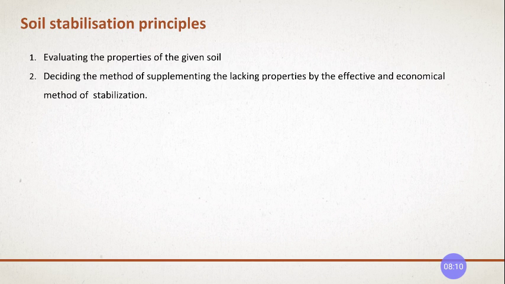That should be our aim, and it should be very economical, not very expensive, because we require it for a larger length, a larger area. That soil may be available along the road for kilometers together. So for that, it should be economical.